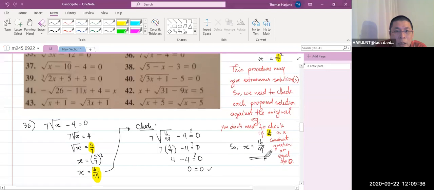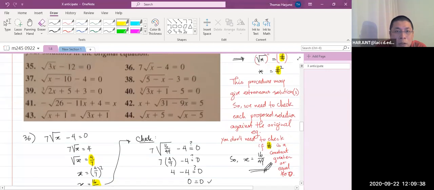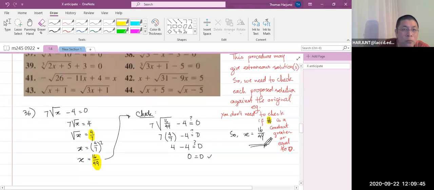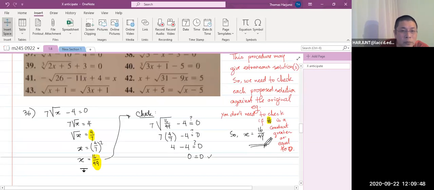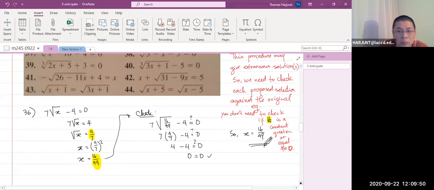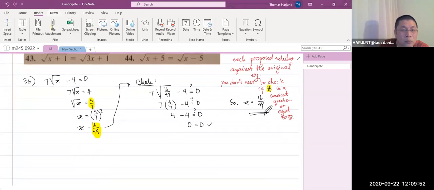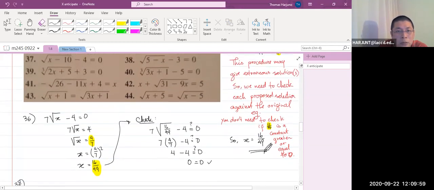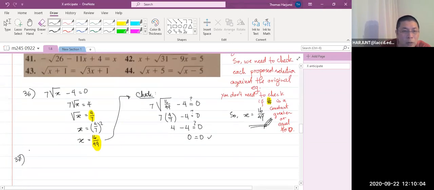Now let's see number 38. Radical 5 minus x minus 3 equals 0.